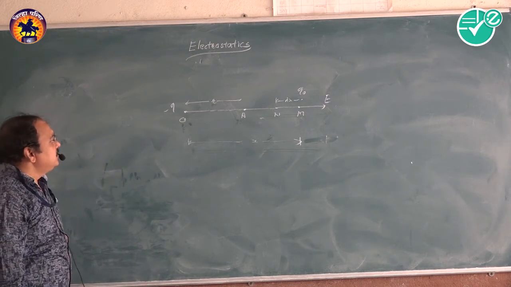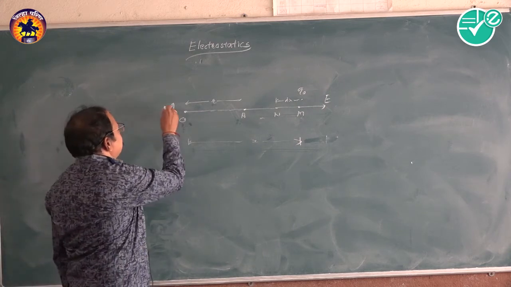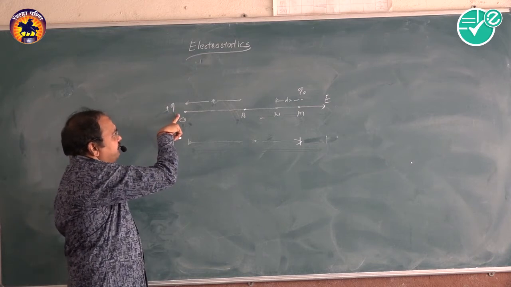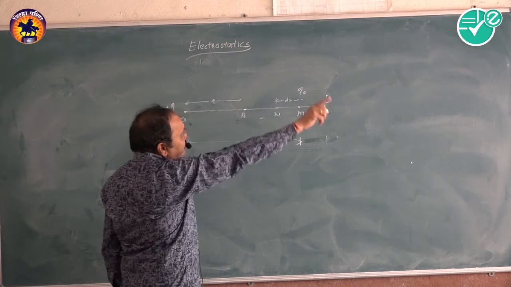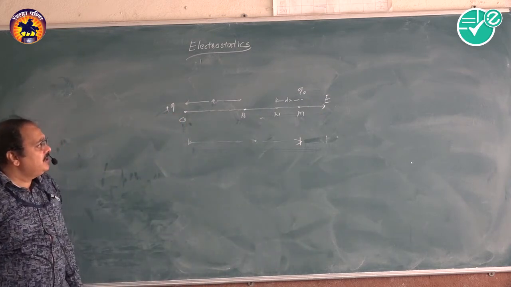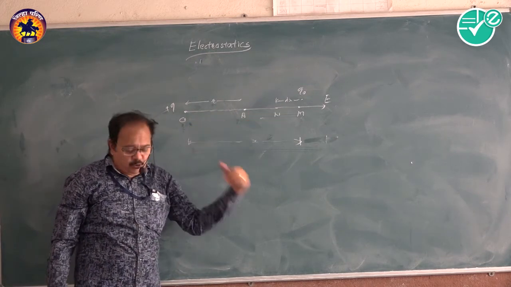Now, look here. Suppose that is plus q, and from that charge plus q at point O, the q naught is very far, placed at infinity, and we have to bring that charge from infinity to the present location.